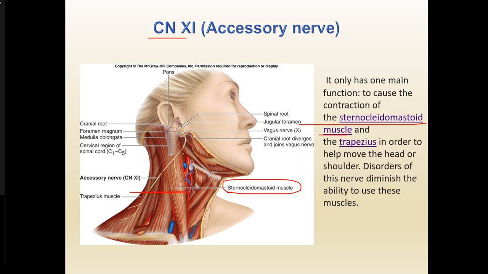And so this nerve is dedicated to the movement of the sternocleidomastoid muscle. Also, sorry, the trapezius muscle as well, okay? And so it has branches that go to the sternocleidomastoid as well as the trapezius. So all these movements in this area are regulated by this nerve. And so this cranial nerve 11 has a very straightforward function, motor.